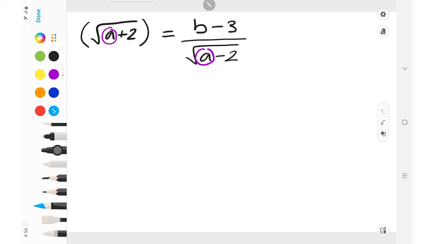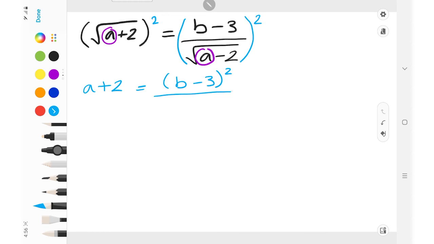What we'll do first, I want to get rid of the square root because it will give me so much trouble. So I'll take the square of both sides. I will get a plus 2 equal b minus 3 squared divided by a minus 2.